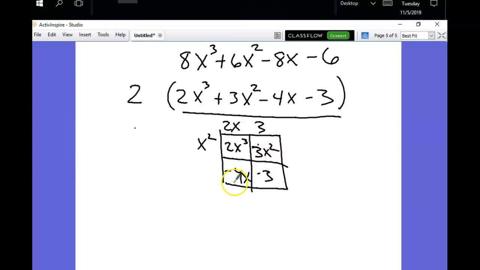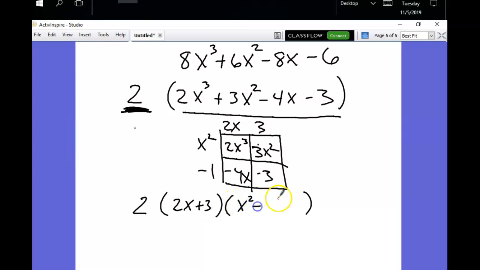How about these guys? -1. Okay, now don't forget about this guy. Don't leave him behind. He's one of our factors. So right now I've got 2, and I've just factored that thing apart into 2x plus 3 and x squared minus 1.